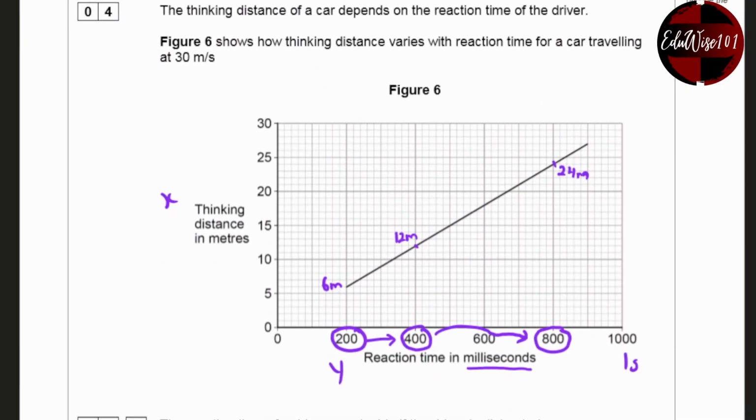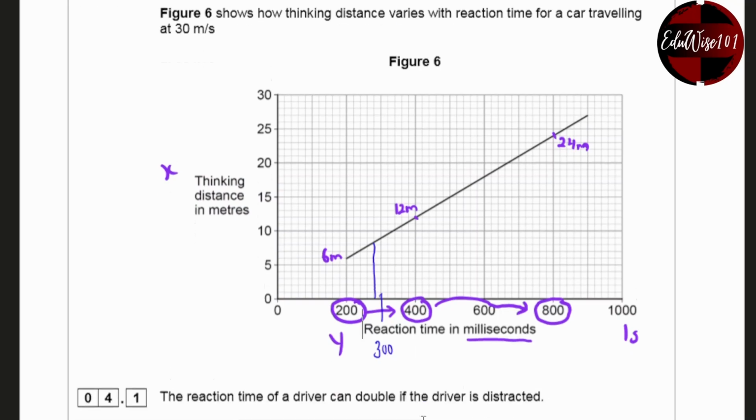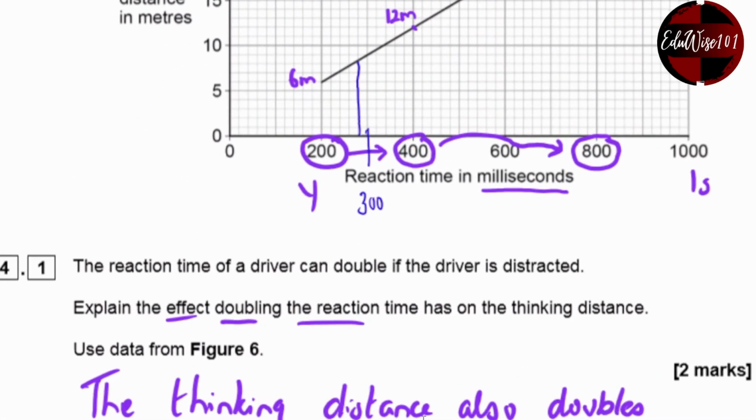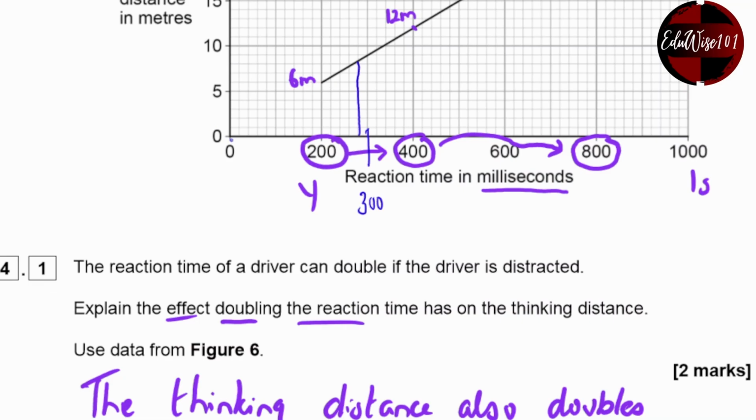So let me use a different color here. So that's 300. Halfway between is 300. So 280 is basically in this line. And if I draw, let me make it slightly bigger so we can actually see it better. So that's slightly above 8 because each box is, so that's 5 boxes.